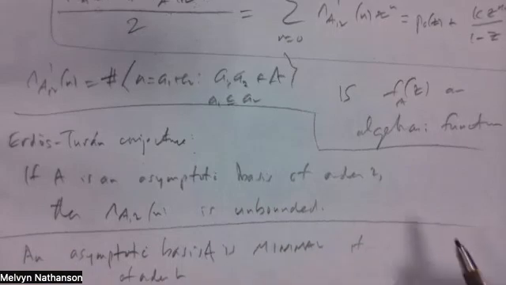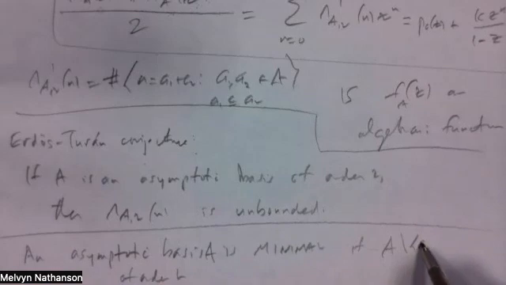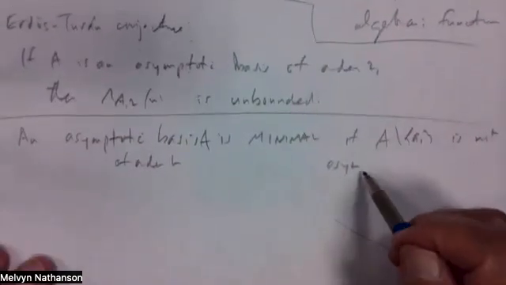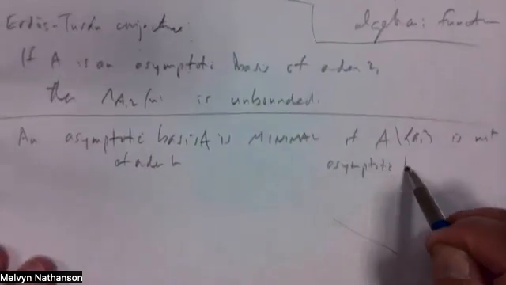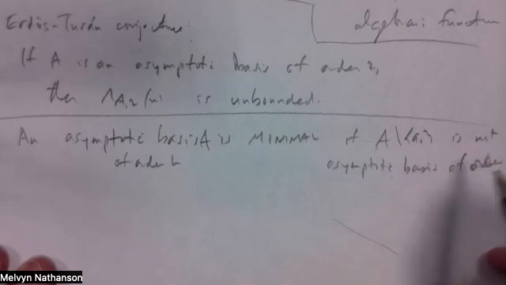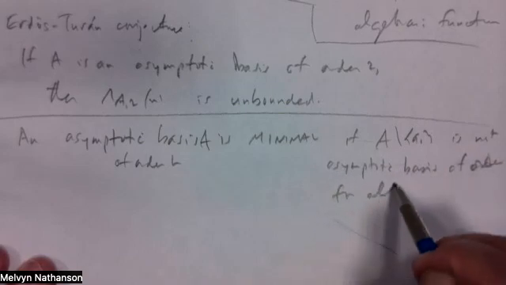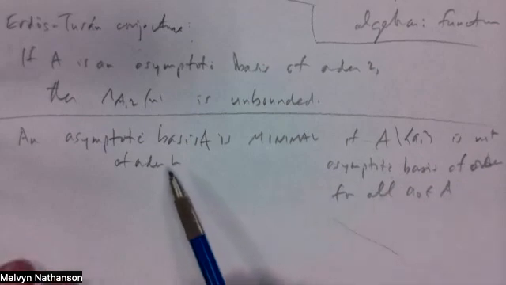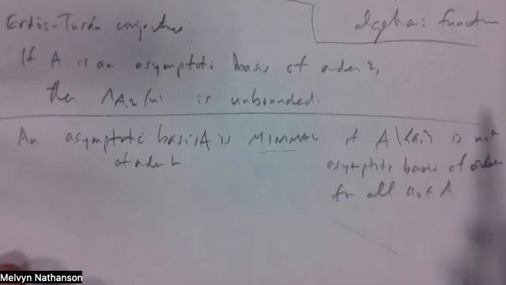An asymptotic basis A of order H is minimal if A with A naught removed is not an asymptotic basis of order H, no matter what A naught you pick in A.